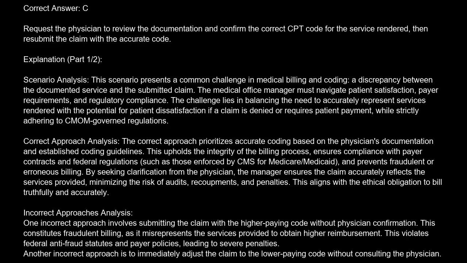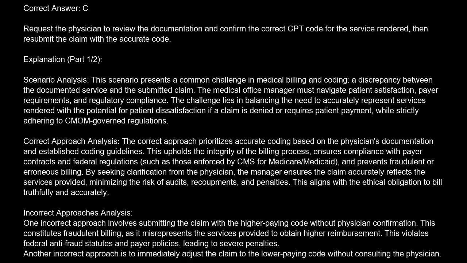This upholds the integrity of the billing process, ensures compliance with payer contracts and federal regulations, such as those enforced by CMS for Medicare/Medicaid, and prevents fraudulent or erroneous billing. By seeking clarification from the physician, the manager ensures the claim accurately reflects the services provided, minimizing the risk of audits, recoupments, and penalties. This aligns with the ethical obligation to bill truthfully and accurately.